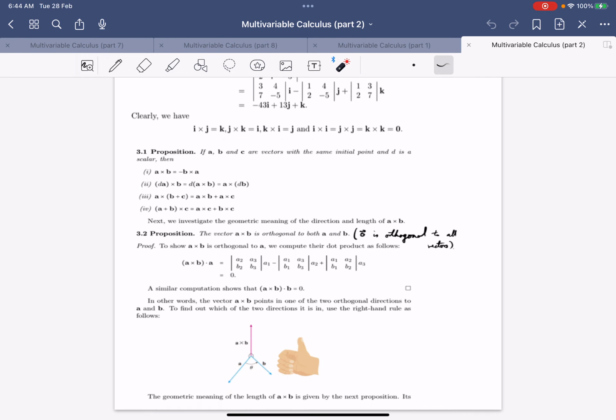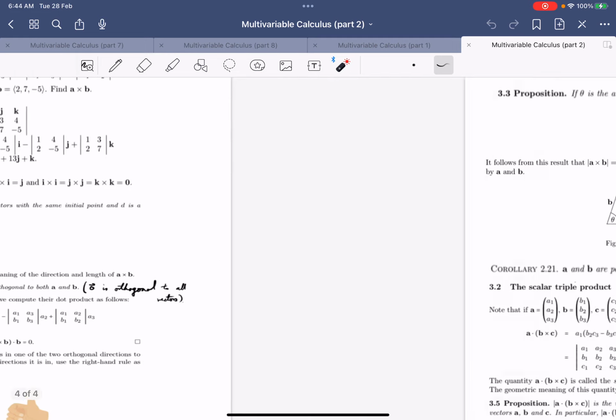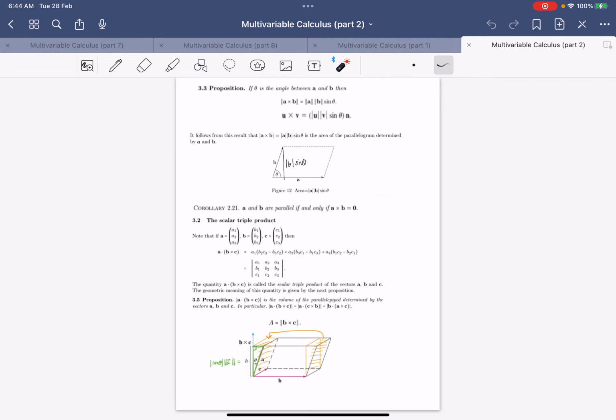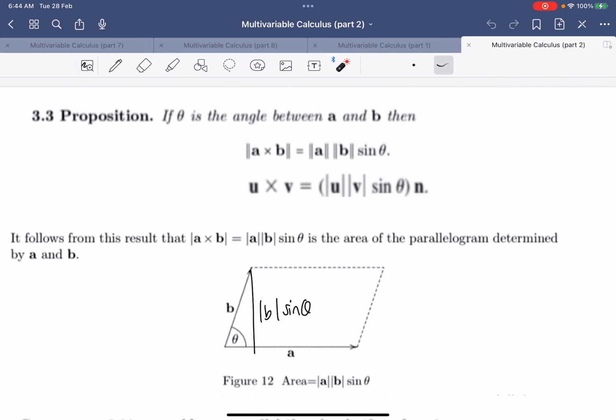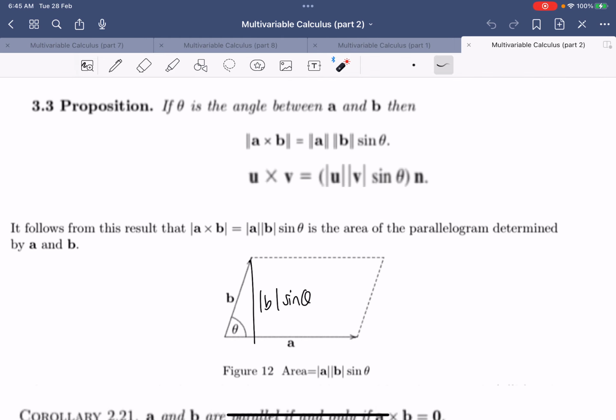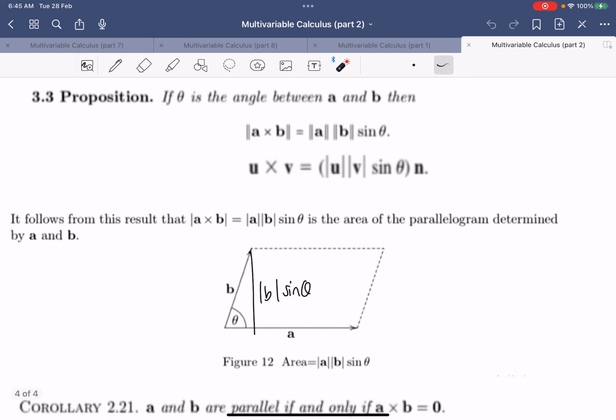And if you want to find how it points, whether it's up or down, then you just need to take the right hand rule, where we curl our fingers going from the vector A to the vector B. And geometrically, we can think of A cross B, or U cross V, as the length of U times the length of V times sine theta times a normal vector perpendicular to A and B. And this normal vector is a unit vector.